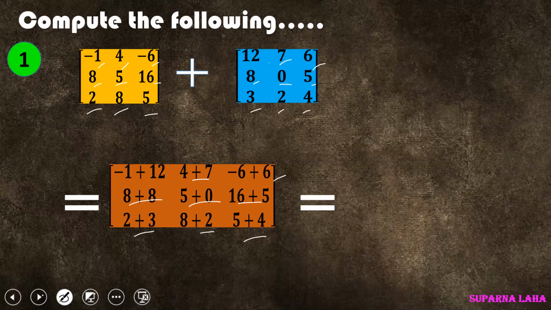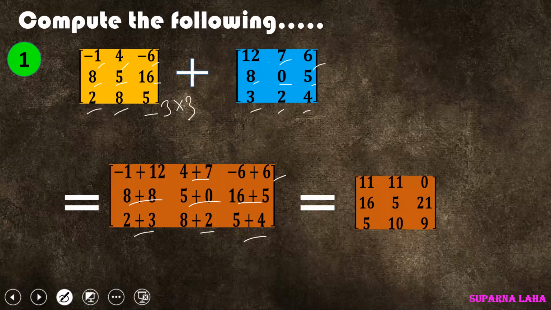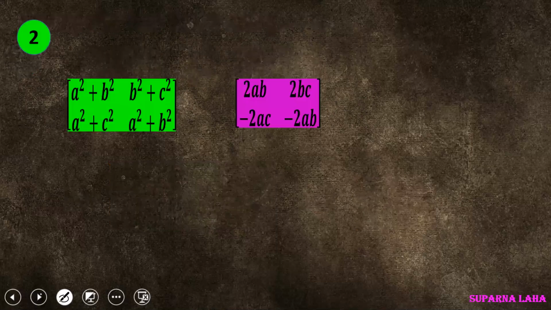And if we add them, you will find the answer is given by this. You can check its order also. The given matrices are 3 cross 3, and the ultimate answer will be given by a 3 cross 3 matrix. Clear?